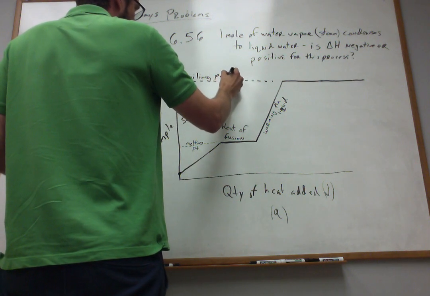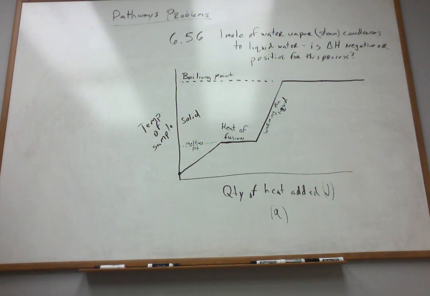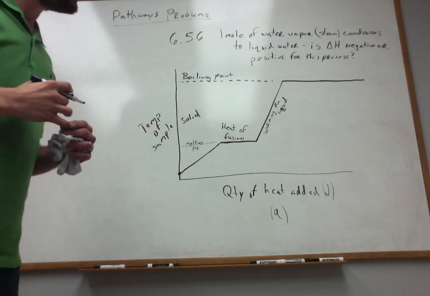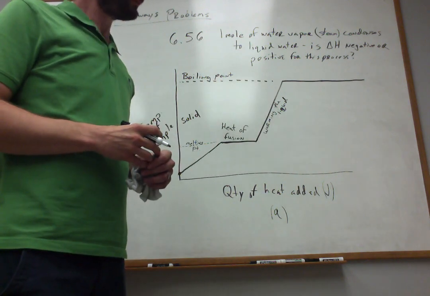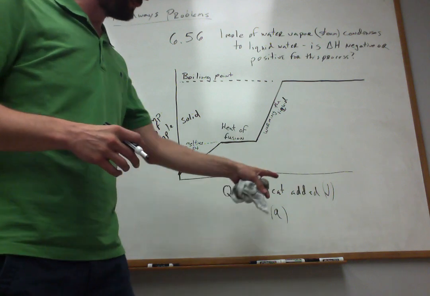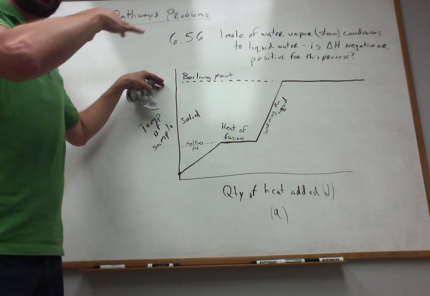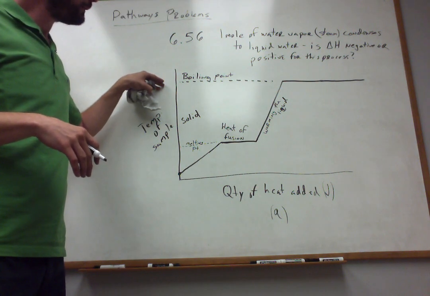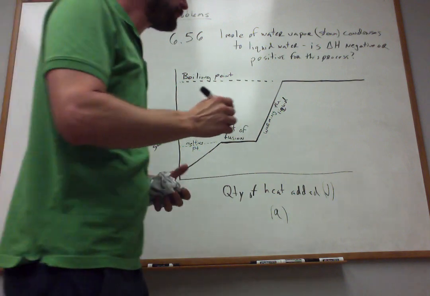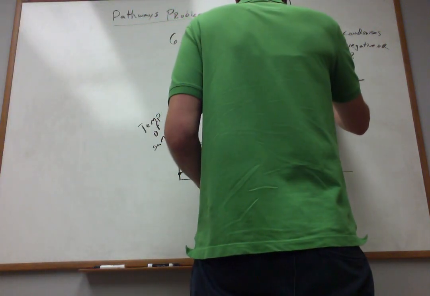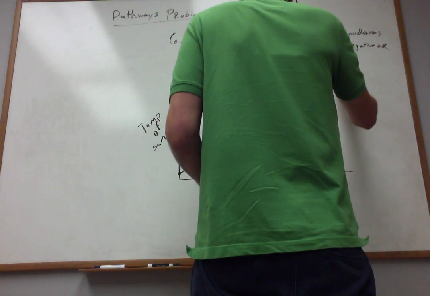I'll call it here my boiling point. If I'm working at 1 atmosphere, that would be the case. Okay, I'm at a standard boiling point. So we heat up the liquid until it boils, basically. And as it turns out, we can add more and more heat energy to our sample, and the temperature doesn't change, it just stays at the boiling point. Okay? Of course, what happens there is this process of vaporization, if I'm moving towards the right.